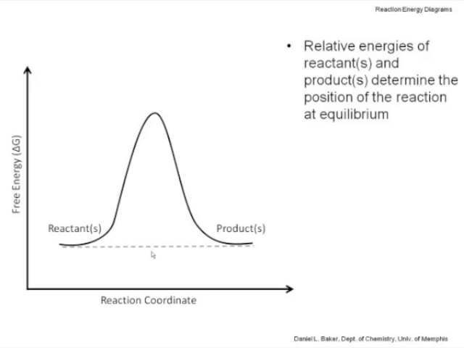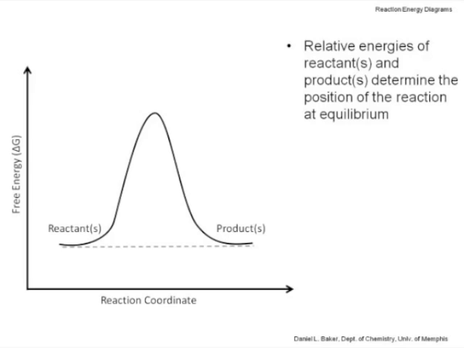In this case, the relative energies of the reactants over here and the products over here are exactly equal. So the relative positions here determine the position of the equilibrium, the position of the reaction at equilibrium. Since reactants and products are exactly equal, we would expect to have the same amount of reactants as products at equilibrium.